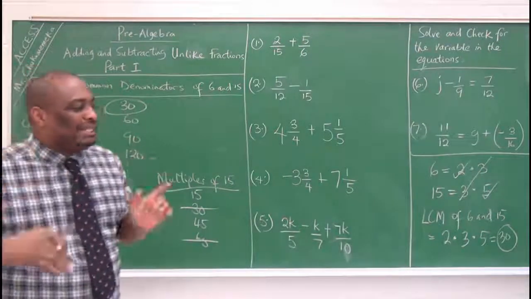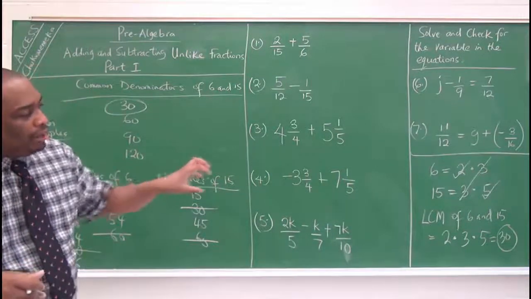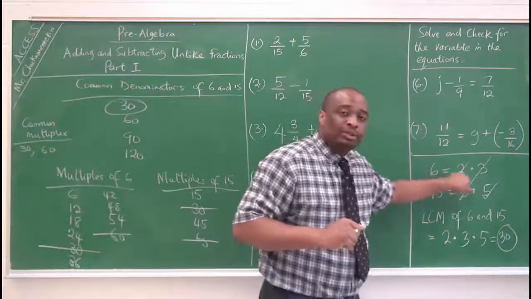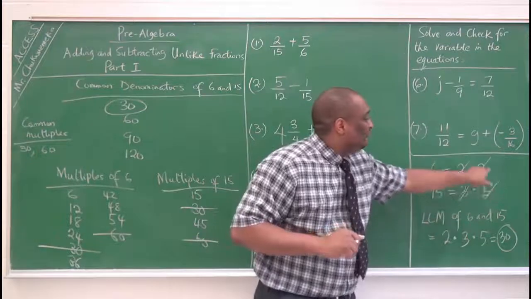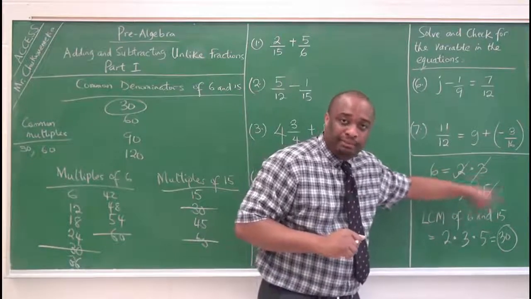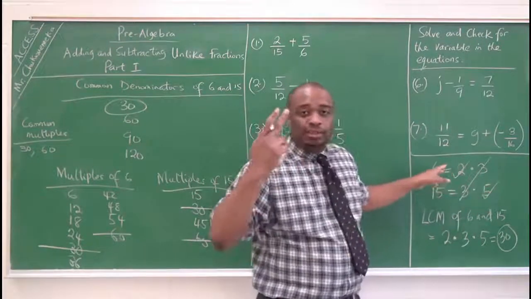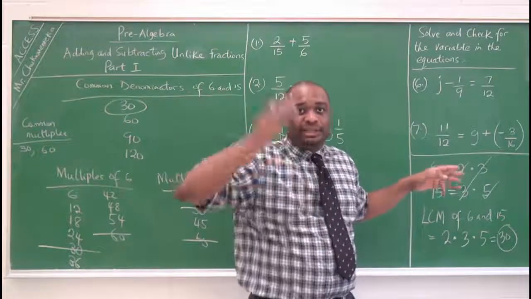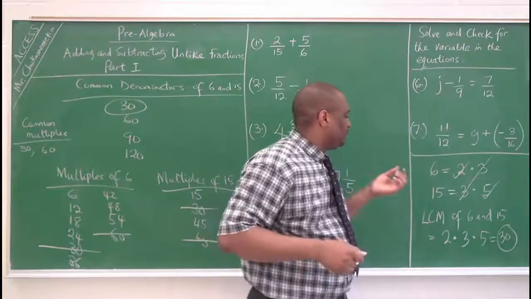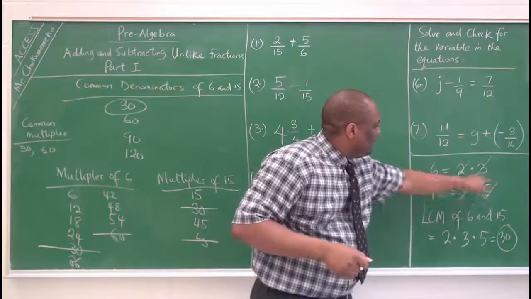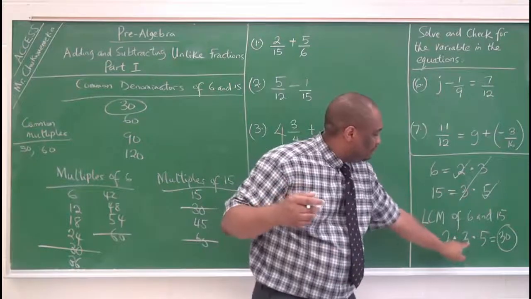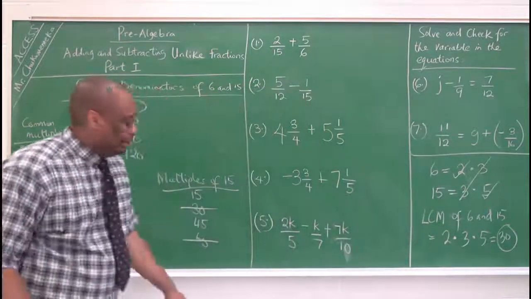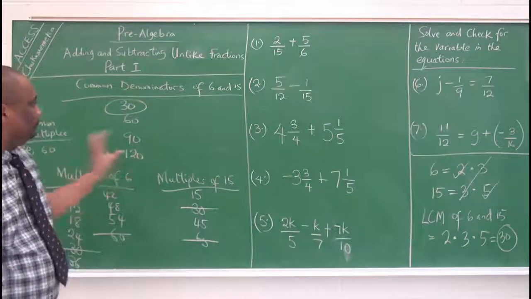When we are talking about the least common multiple, if a number appeared in both of them, in this case we say twice because we're dealing with 2 numbers, if it's 3 numbers, if it appears in 3 of them, right? So if a number appeared in both of them, you count it 1 time. Yeah, and that gives you the least common multiple. Instead of doing it this way.